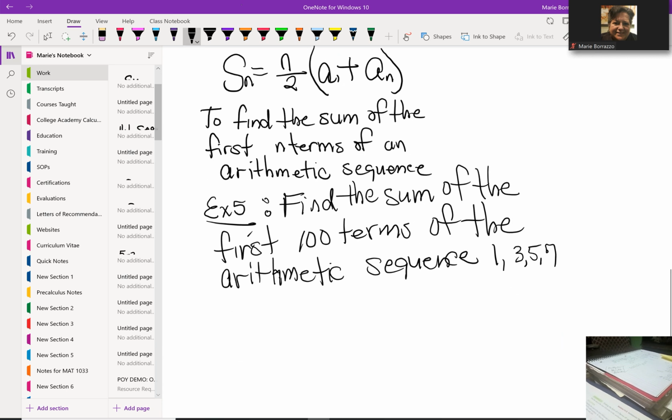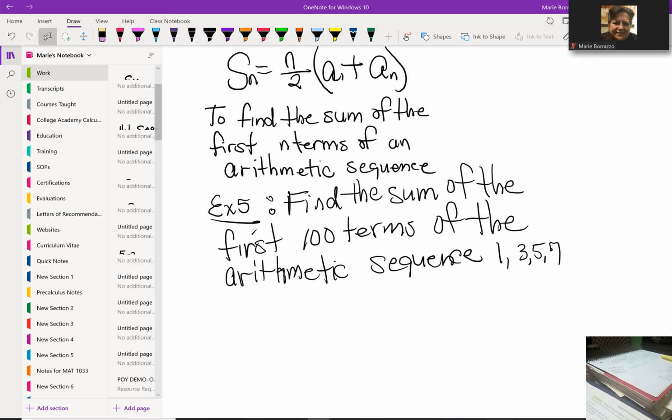And so this is what we have. And given this information, we're going to look up our formula.